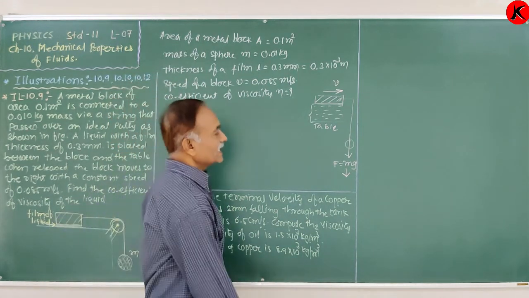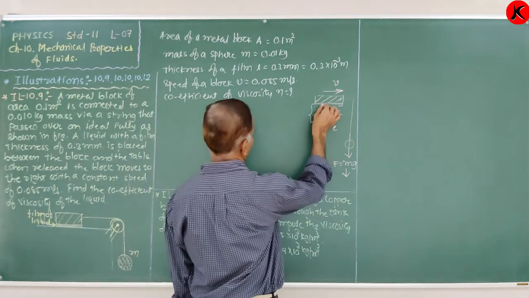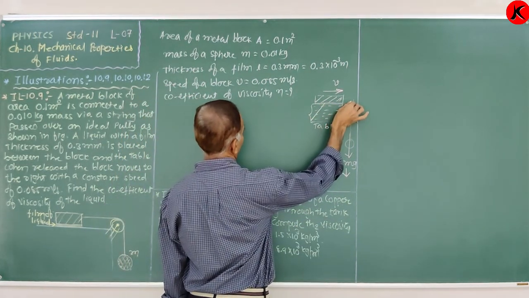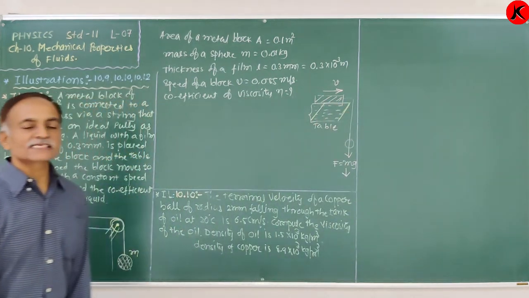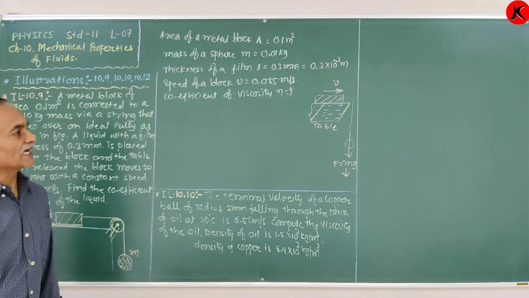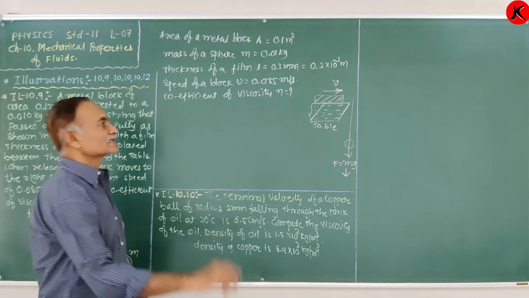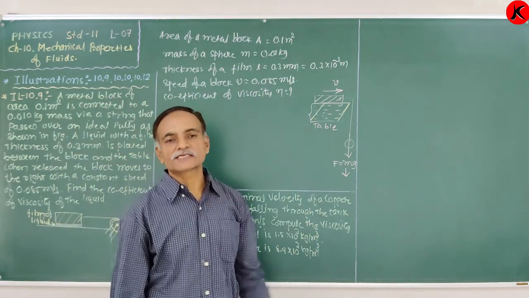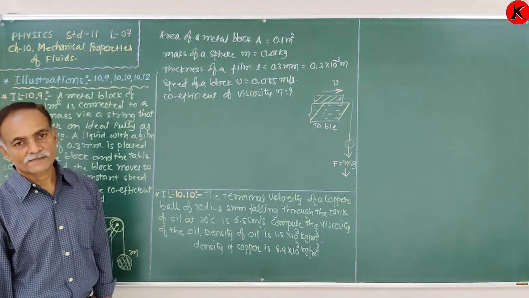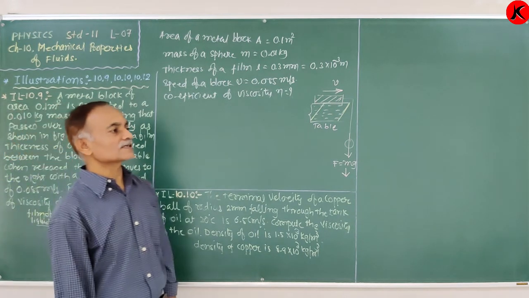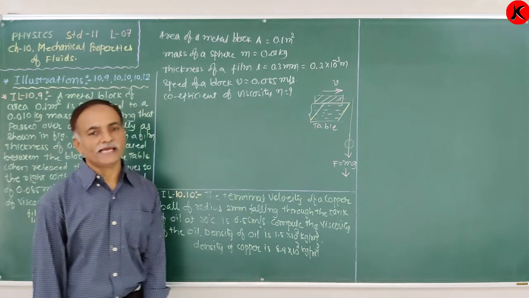Due to the velocity of the block, the film is formed in this shape. Therefore, shear strain is produced. Already we discussed the equation of the coefficient of viscosity on the basis of stress and strain. So the coefficient of viscosity is the ratio of the shearing stress to the strain rate.